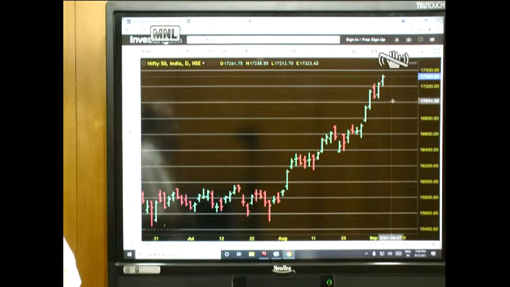Now, the important point is that from this place, this was the low, right? So from here we should get like 35 points when it falls. So that means this is 17,055. Today 2 days have gone, so on the 3rd day tomorrow it should come, say, 120 points or so.